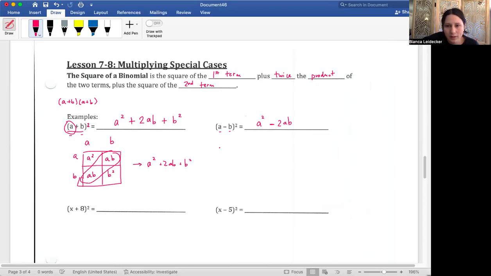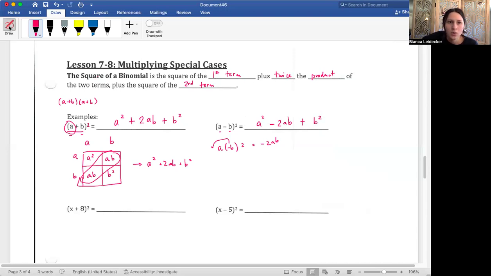Because if we're multiplying everything, a times negative b times 2, if I rearrange this, it's negative 2ab, right? That negative would go out in front, and then I would go numbers first, and then in alphabetical order. Then plus the square of the second term.